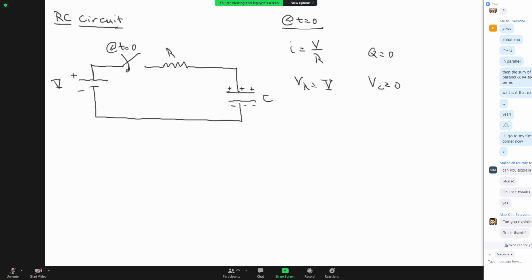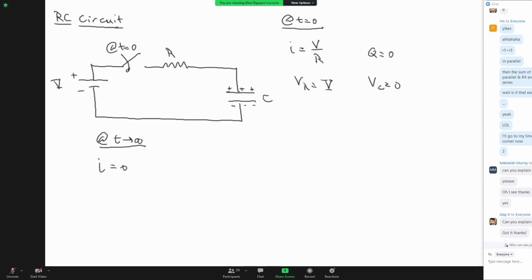Okay. So over a long period of time, at some time later, let's say a long time later, the current in the circuit goes to 0 because the capacitor becomes fully charged.